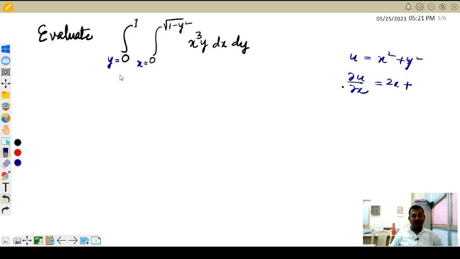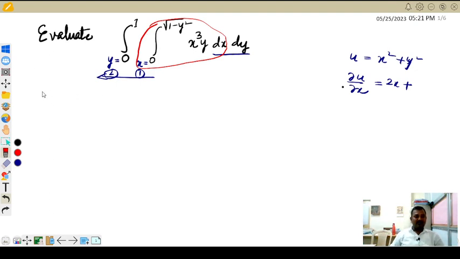So first we are going to integrate in the reverse order, student. First we are going to integrate with respect to x, then with respect to y.